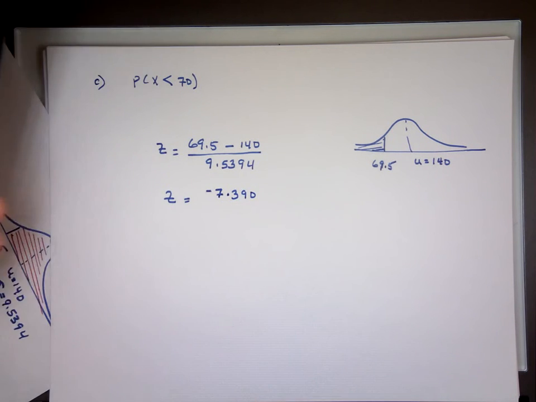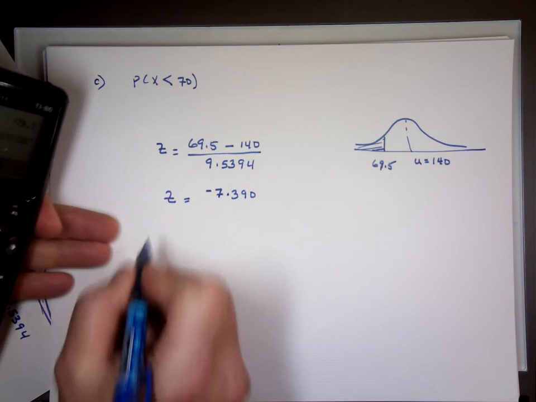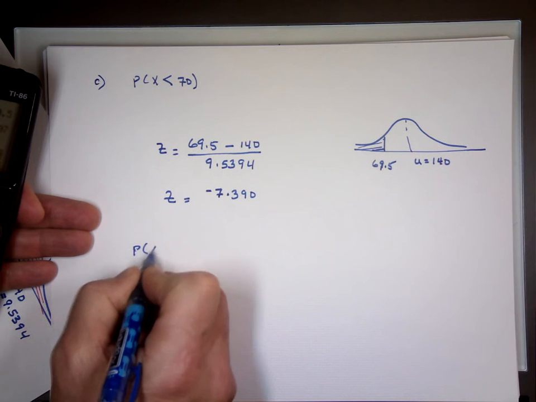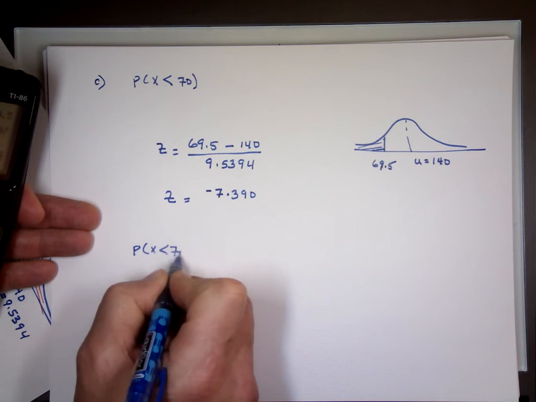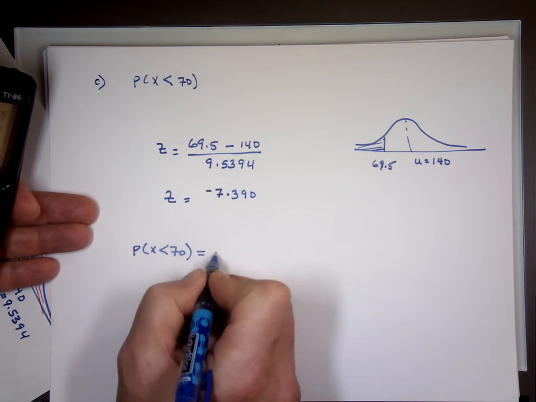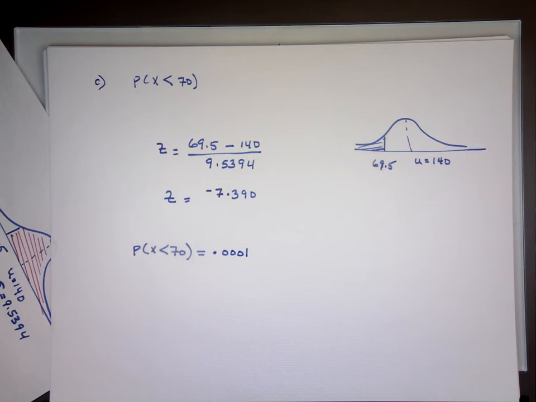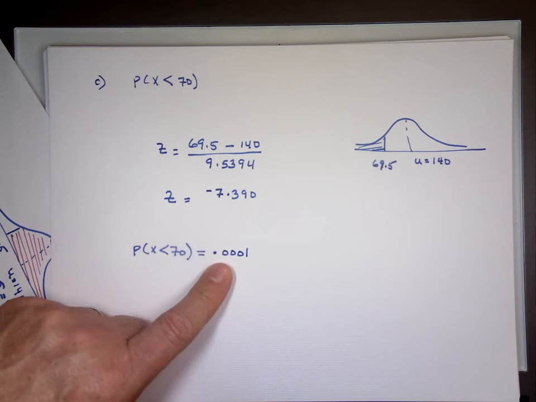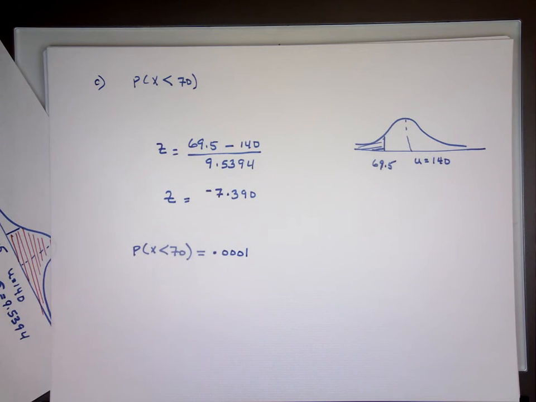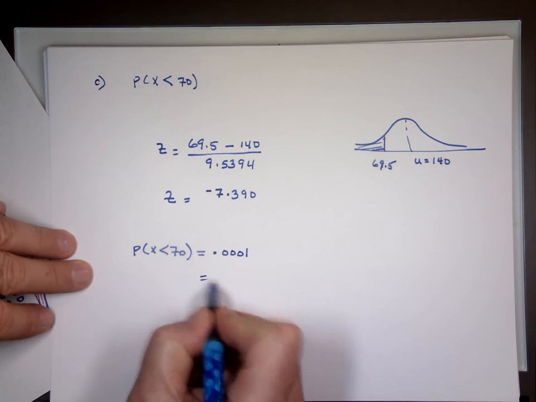And if you look at that chart, it says any number less than negative 3.5, you need to write for an answer 0.0001, right? Again, that doesn't mean, well, forget it, he's going to win, because there's a 0% chance of less than 70 people. The average is 140, and we're talking about way to the left of that. So that's 0.01%.